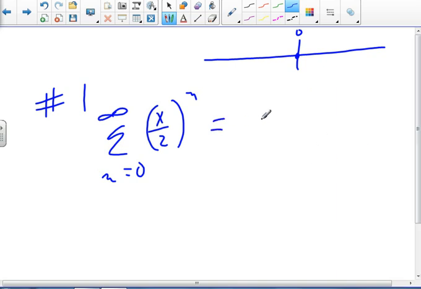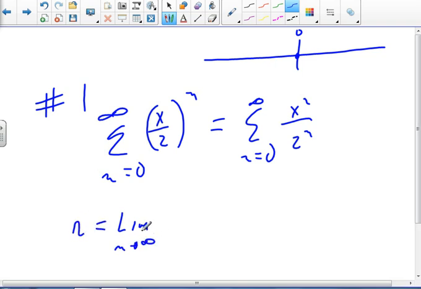All right, so this is summation n equals 0 to infinity x to the n over 2 to the n. And we look at the limit as n goes to infinity. This is our ratio test.